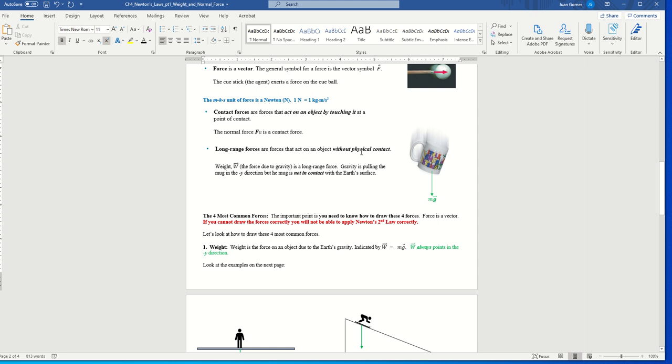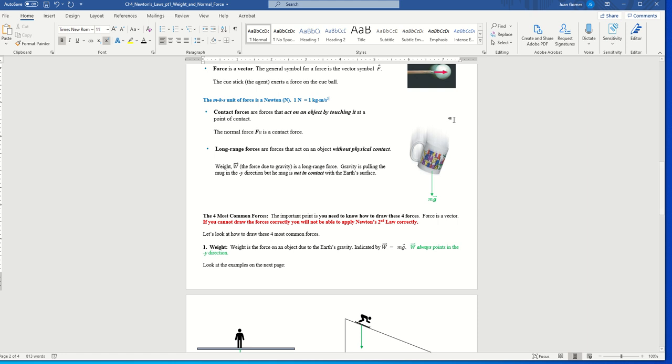Long-range forces are forces that act, as you could probably guess, without physical contact. The force due to gravity is a long-range force. For example, if this coffee mug gets dropped, you might drop it, it might get knocked off a shelf or off a table. Well, the Earth's gravity is pulling the mug in the negative y direction, but the mug is not in contact with the Earth's surface, right?